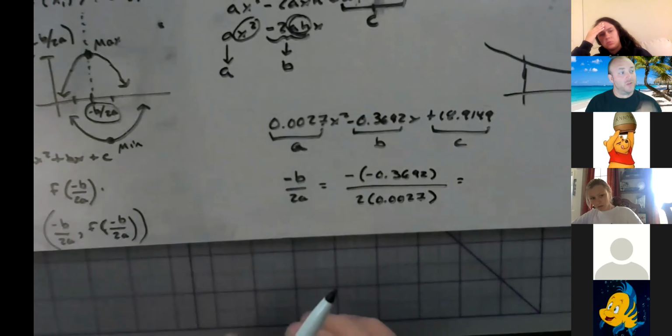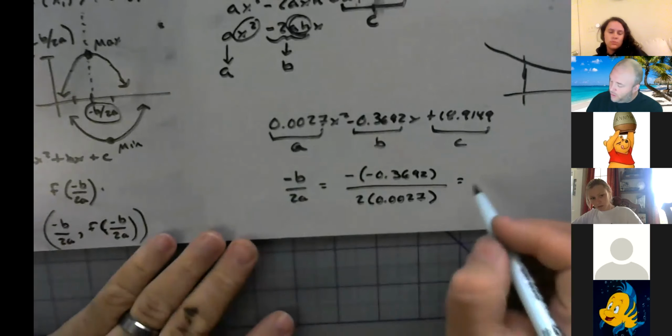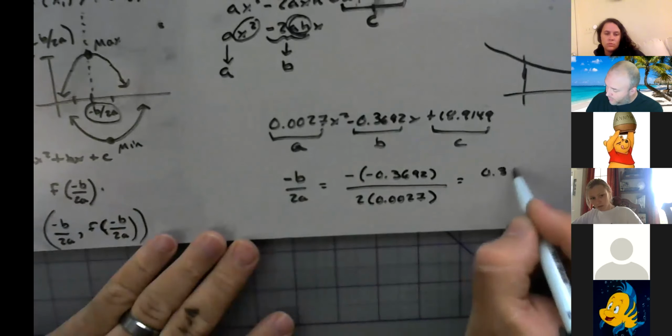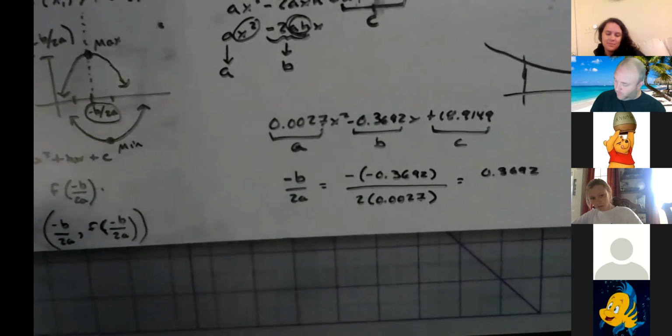So again, use those numbers to project where that minimum is going to be. We'll use the same idea to project where the maximum is going to be on a profit function or revenue function. So if I do this, I get 0.3692, and I'm going to be as exact as possible.